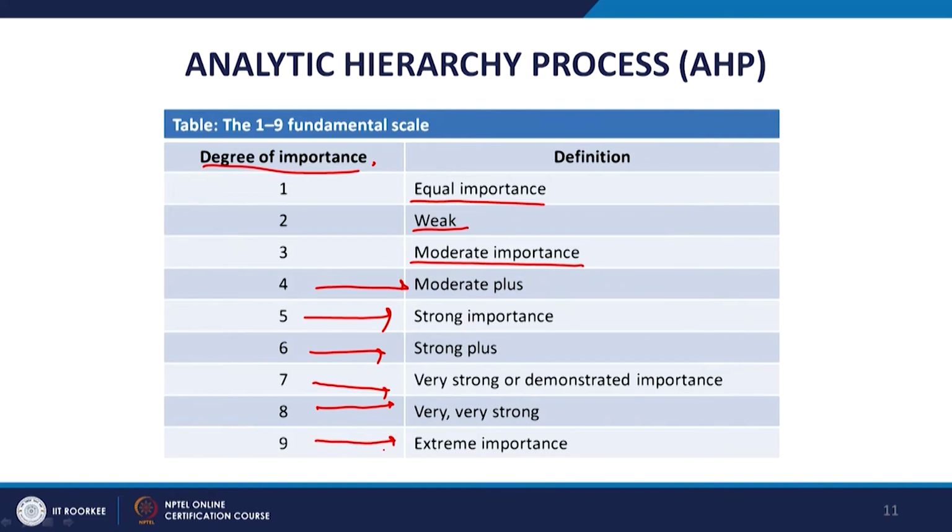So, we see it is an increasing 1 to 9 scale, and given 2 criteria or 2 alternatives, the decision makers are supposed to express their preference using the verbal scale, and then it can easily be converted into a numeric scale, as you can see in this table.